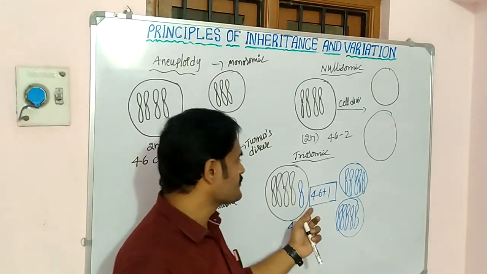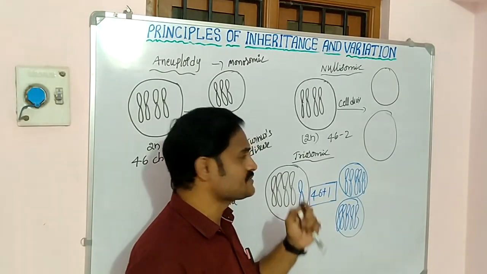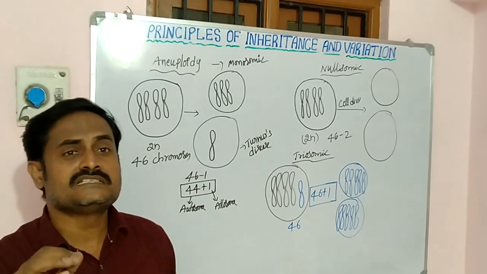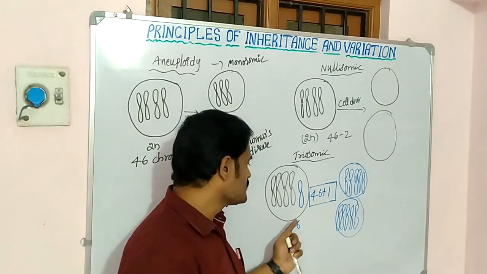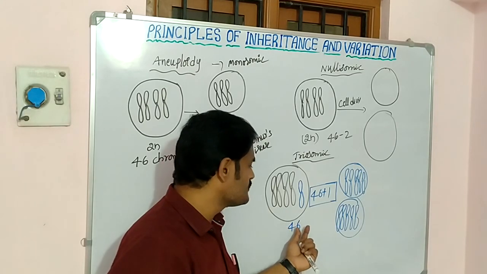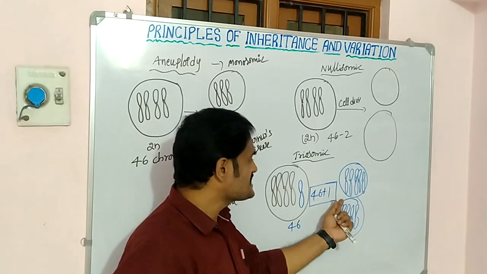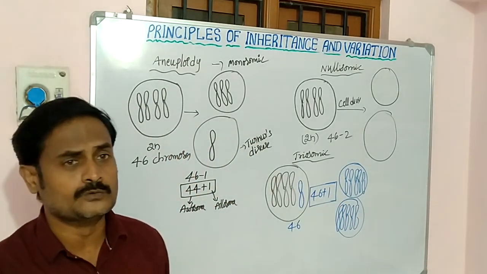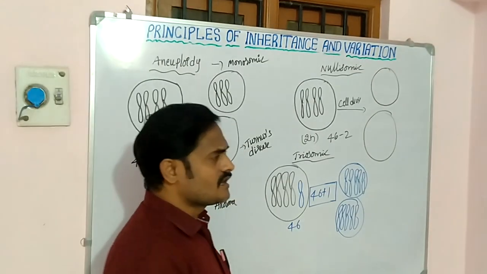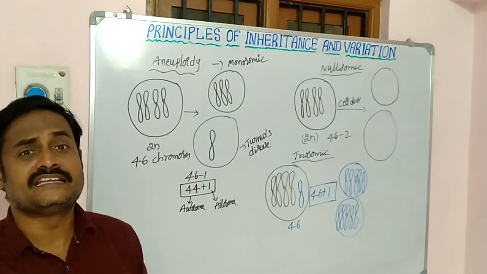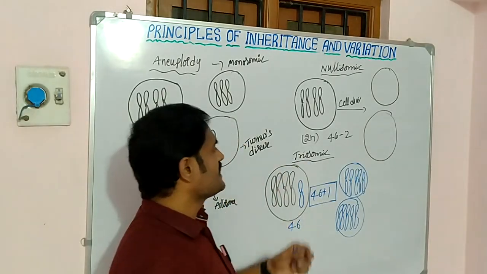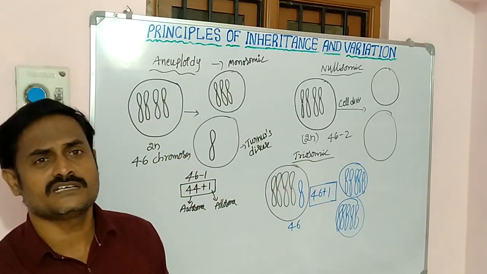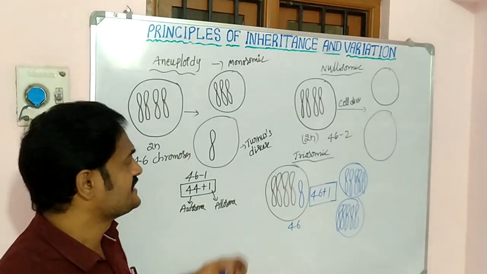It is 46 plus 1. So this is an abnormal chromosome number. The normal chromosome number is how much? 46. So this condition leads to some diseases. The trisomic condition is also called some kind of syndrome.